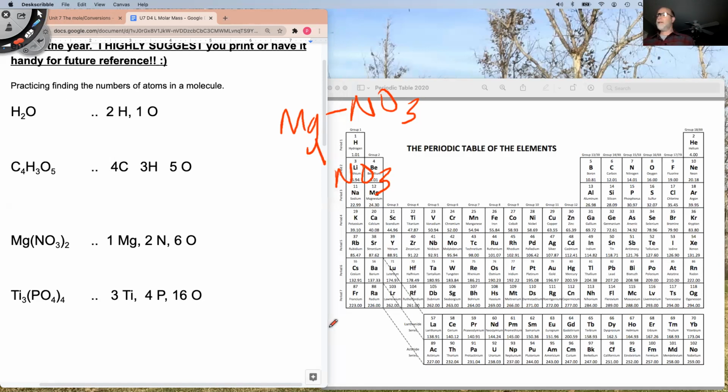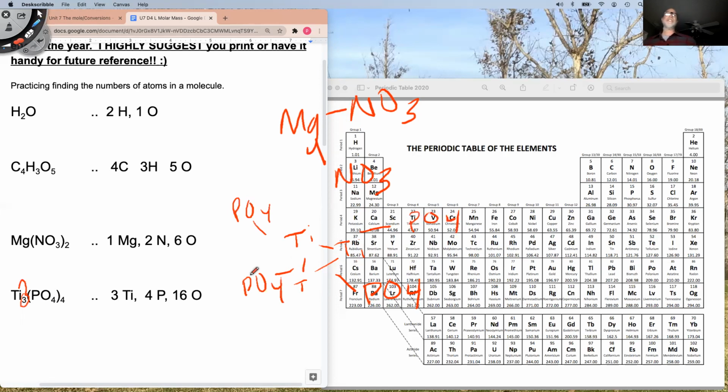Remember, this compound says you have 3 of those titaniums. So you have 3 titaniums stuck together, okay? All right, I'm just going to draw it like that. It doesn't matter. And then you have 4 phosphates. So you have 4 PO4s attached in there somehow. There's another PO4, and another PO4.